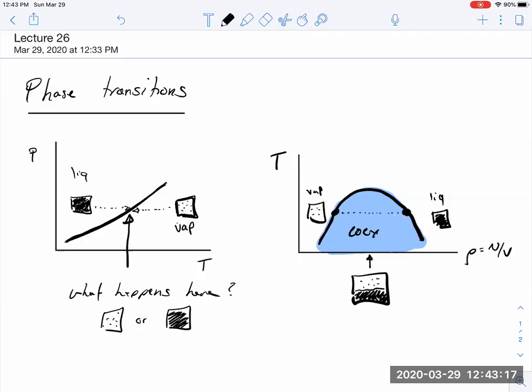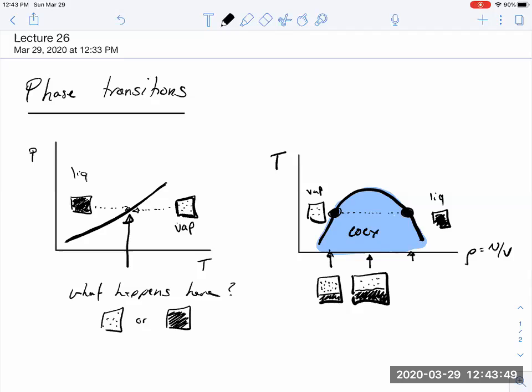Now, if we control the density directly, what that means macroscopically is that, say, if we put ourselves here, it's not that the density homogeneously changes. It's just that in our little beaker, we have, in this case, less liquid at a constant density, this density here, than we do vapor, which is fixed at that density there.